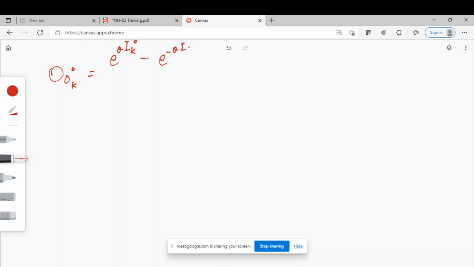So this is of the form e power x minus e power minus x divided by e power x plus e power minus x.